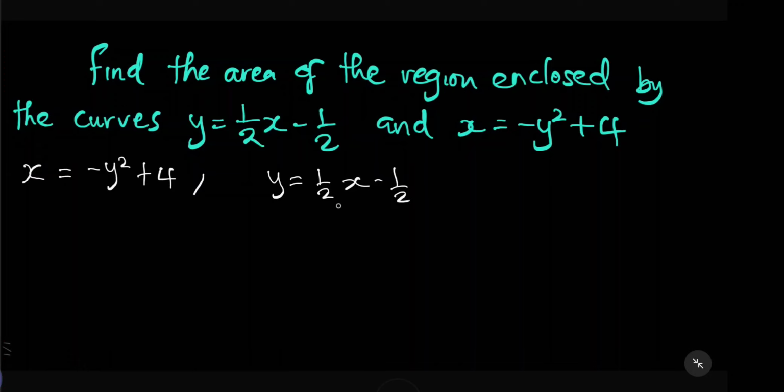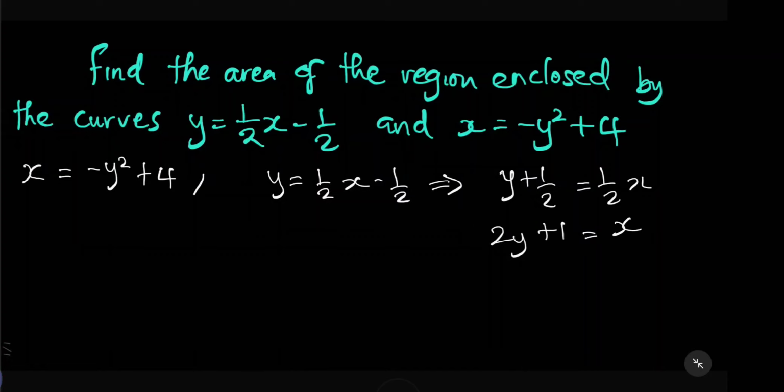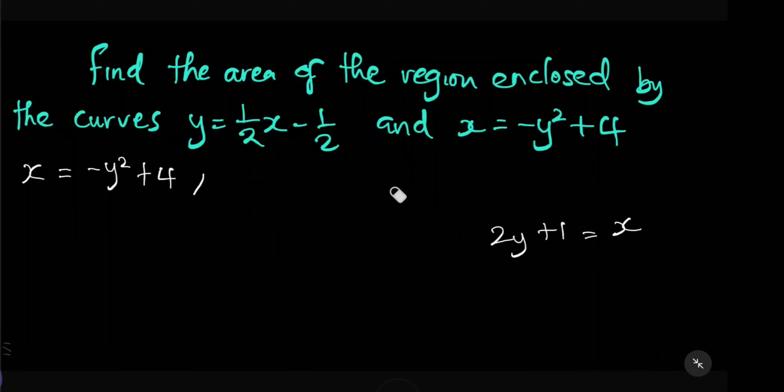If I rewrite this in terms of y, y plus half equals half x. If I multiply every term here by 2, I have 2y plus 1 equals x. Let me write this. So my second expression would be this: 2y plus 1 equals x.